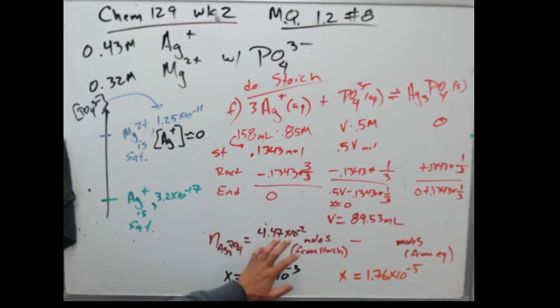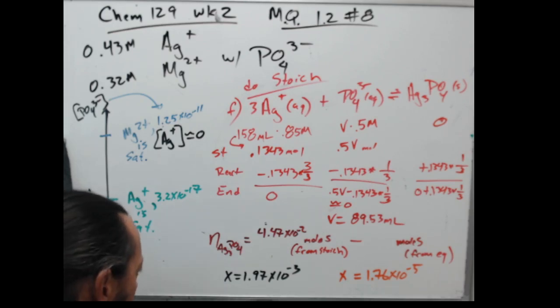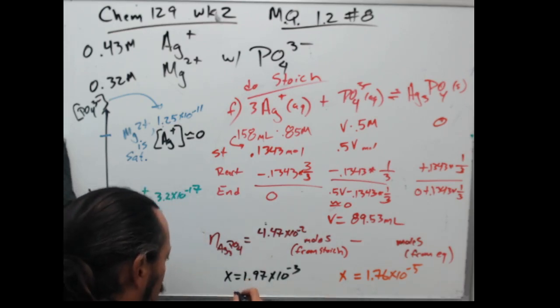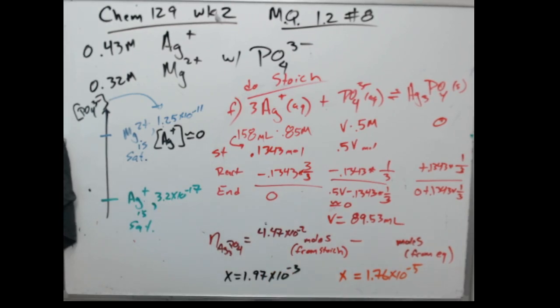That didn't make solid. That went back into solution. I'm going to take this 1.97 times 10 to the minus 3. How am I going to do this? I'm going to do it for the value that LabPal accepted, even though the x-small approximation didn't work. Make sure you can see all of this stuff I'm doing.